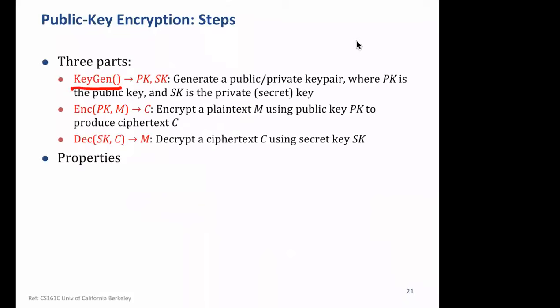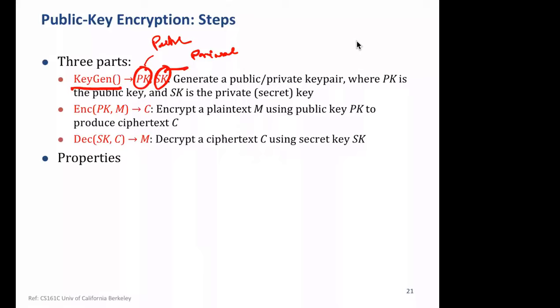The key is generated based on some parameters. PK is the public key, and SK is the secret key, which is nothing but the private key. Every participant will generate this.